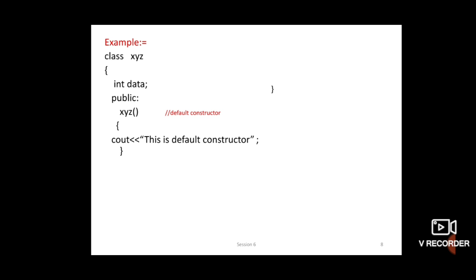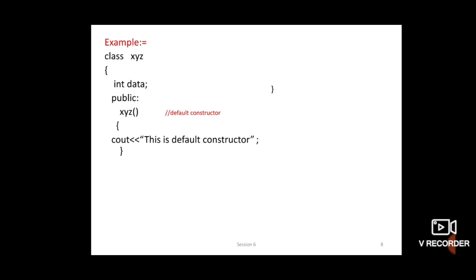If a board paper asks for different types of constructors, just write the name of each constructor and write in one statement what is meant by copy, overloading, and so on. Mostly in programming, default and parameterized constructors are used. So here one default constructor is defined, and under it we write one statement: This is a default constructor.